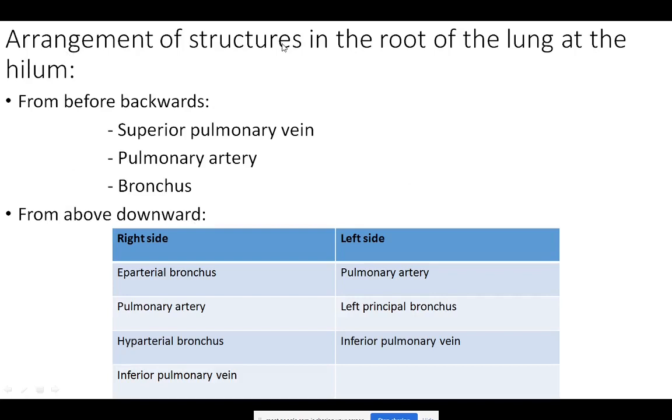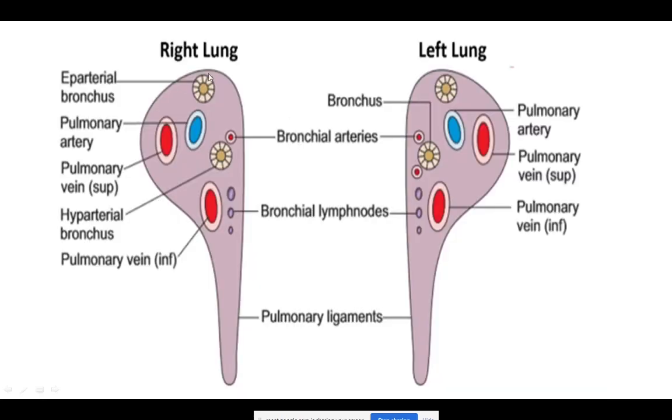Okay. Arrangement of structures in the root of the lung at the hilum. On the right side, from before backwards. This is the anterior border of the root of the lung. This is the posterior border of the root of the lung. Anteriorly is the pulmonary vein, superior pulmonary vein, then the pulmonary artery, then the eparterial bronchus, then the hyparterial bronchus and a bronchial artery.